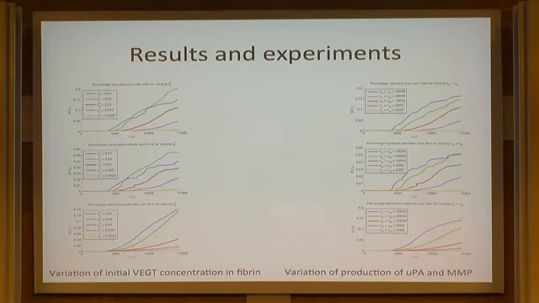Some parameters were known, between quotes, from the literature, and I say between quotes because it's always hard to get these parameters. For the case that you're asking, it's always a very nasty question: how do you get the parameters? It's very hard. We get them from literature as much as possible, and we speak with our colleagues in Amsterdam about them. But in some cases we just have to use educated guesses.